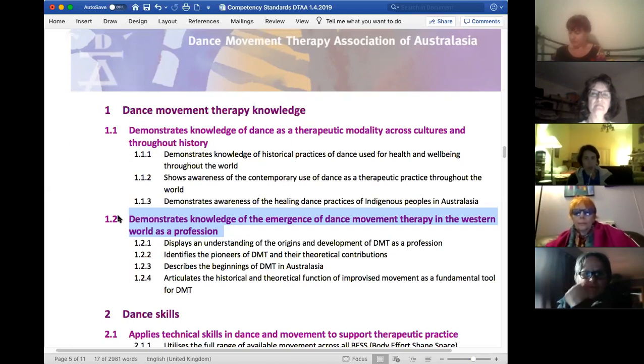But it's about understanding the origins of dance therapy as an actual profession, the key pioneers and what they contributed to our theory, the dance movement therapy movement and profession in Australasia, and then, of course, the underlying historical and theoretical function of improvised movement, which is really foundational to dance movement therapy knowledge. So that's the first block.